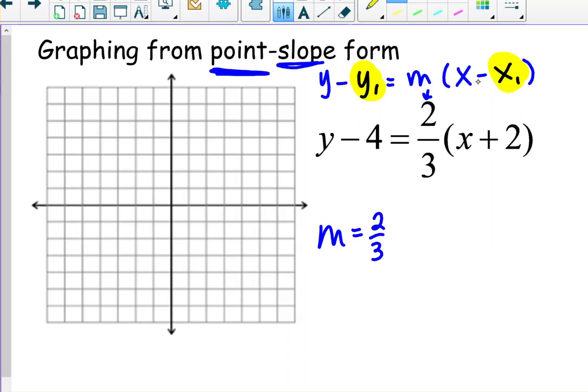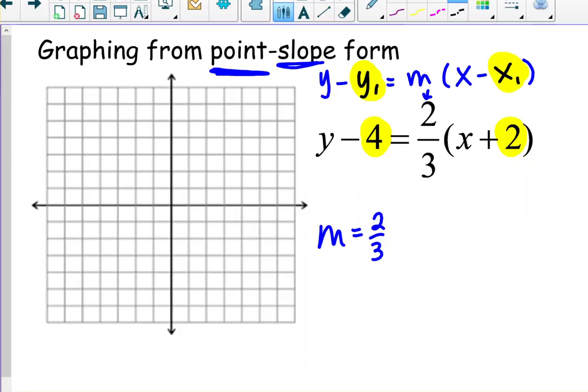Because my formula has minus signs, I'm looking at this number here and this number here. Now it's y minus 4 and x plus 2. One thing you'll notice because of the minus signs is that it's not the exact number that we see here. We always take the opposite value.